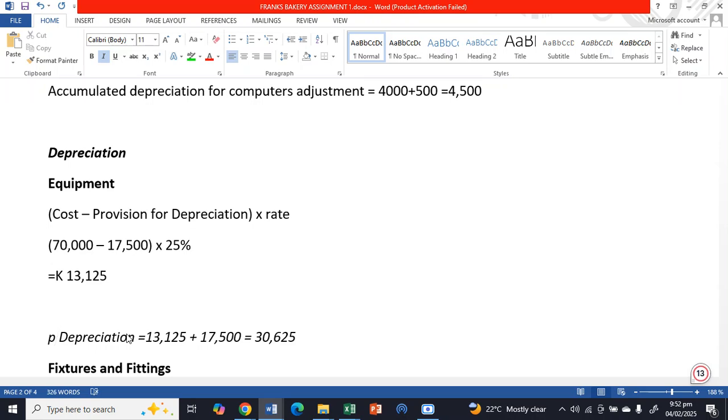So this is the amount you see on the balance sheet for provision for depreciation for equipment. Any questions?